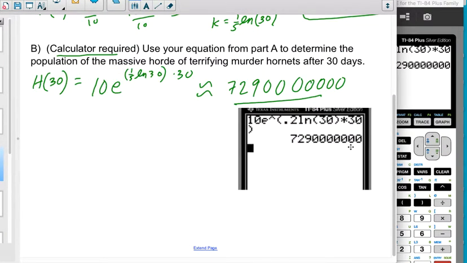All right, so let's double check that we have the right number of zeros. That's a lot of zeros. It's a lot of murder hornets. It's not good. It's not good for anybody, right?